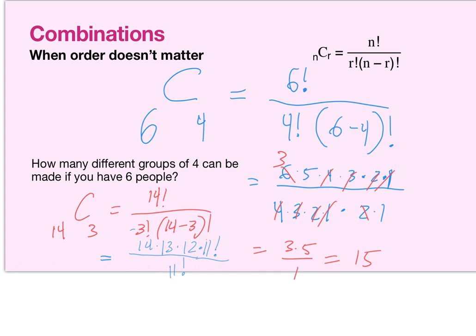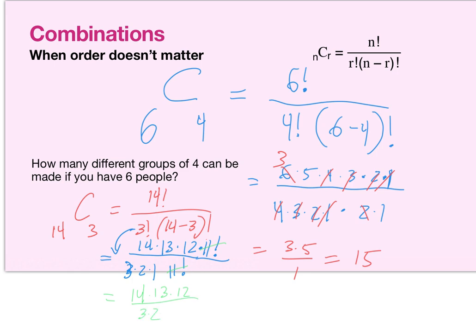The other number, this 3, comes down here and is 3 times 2 times 1. Those will be smaller numbers and easier to work with. So I look and say, oh, there's an 11 factorial. Those will reduce, leaving me with 14 times 13 times 12 divided by 3 times 2.